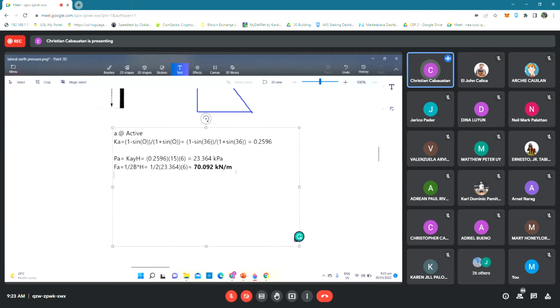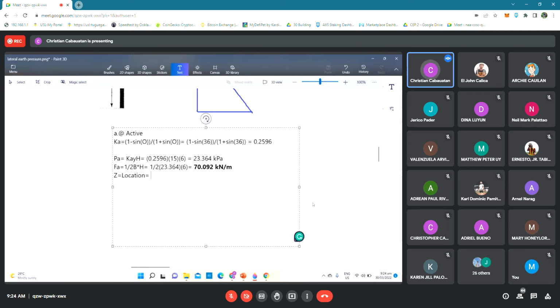In determining the location, since it is a triangle, the location Z is equal to the centroid of the triangle. What is the centroid of a triangle?